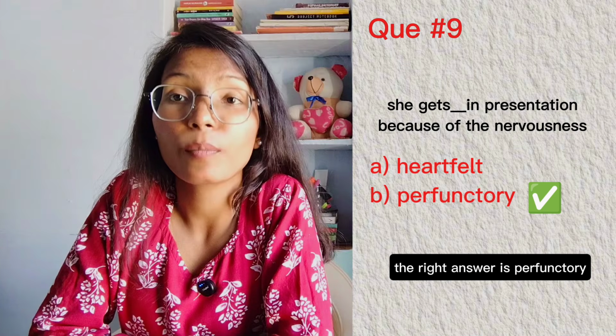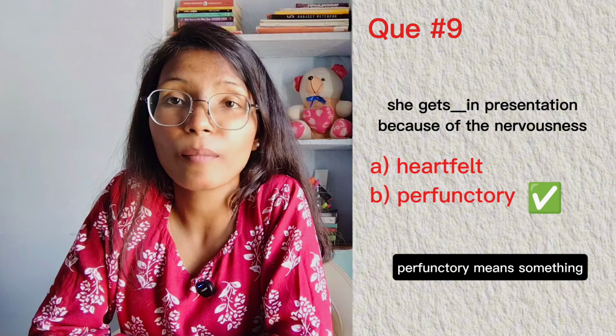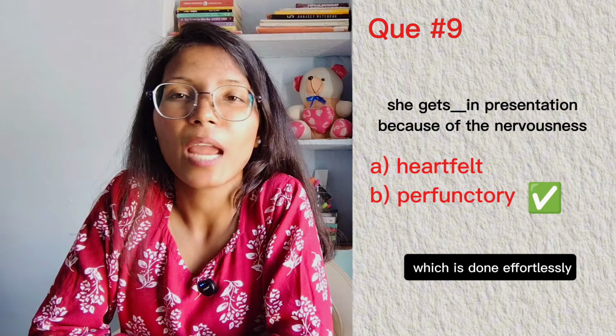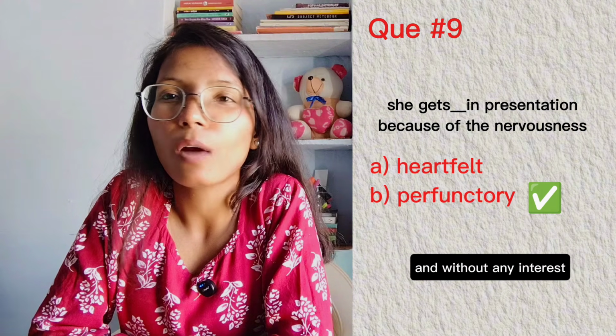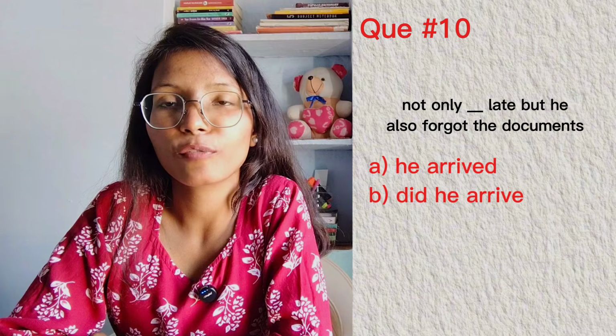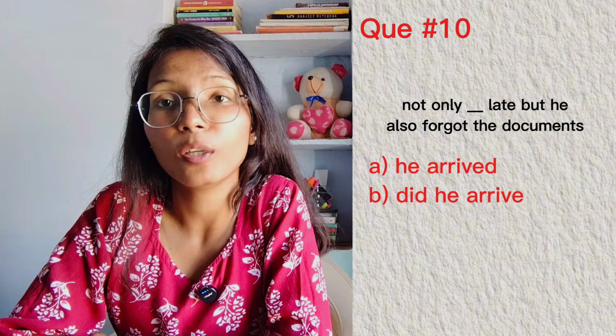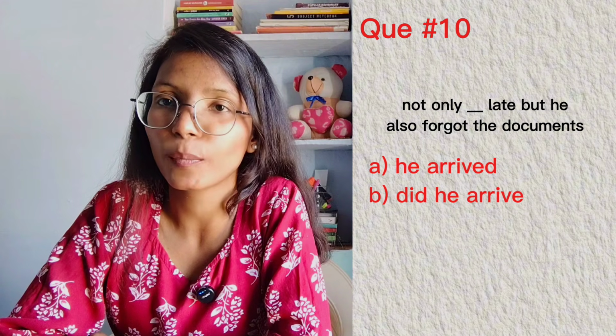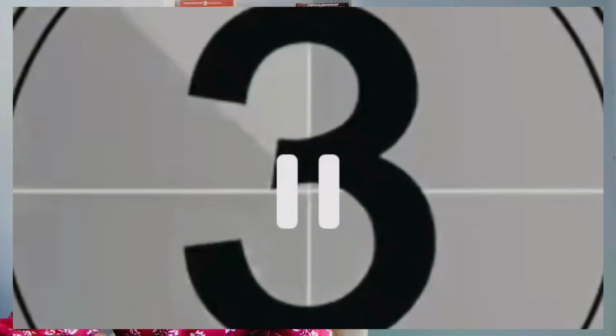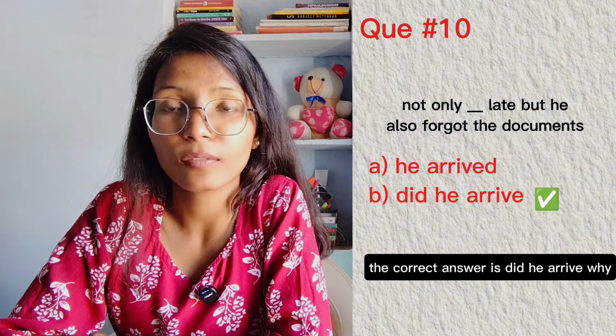The right answer is perfunctory. Perfunctory means something which is done effortlessly and without any interest. And the last question for today, not only blank late, but he also forgot to bring documents. The correct answer is did he arrive?